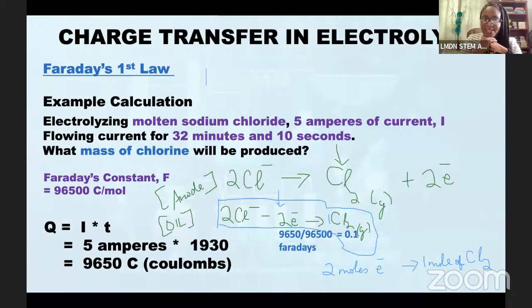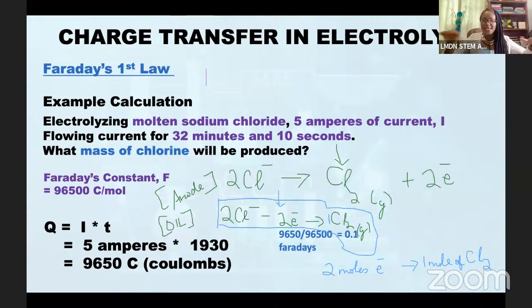Does everybody follow that analysis? Because that number of Faradays that we calculated was from the amount of Q they gave us and the time, so the current and the time, right?